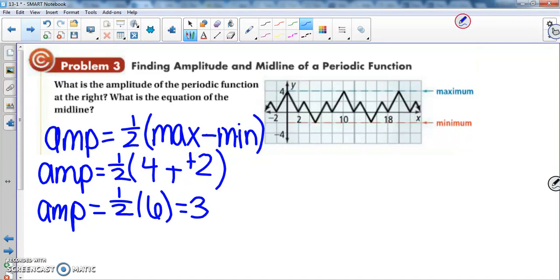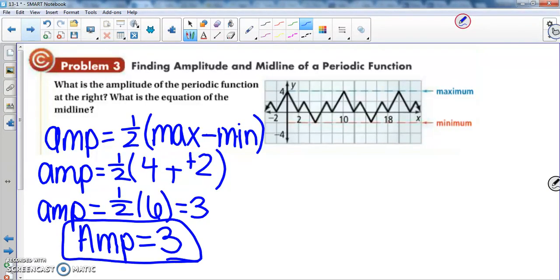Since the amplitude is 3, the midline is 3 down from the maximum.